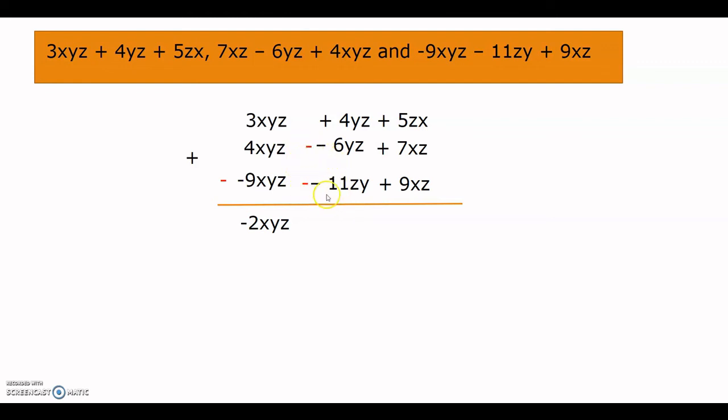Then we will add first the like signs. We have negative 6yz and negative 11yz. So remember, like signs, add and copy the sign. So 6 plus 11 is 17yz, negative 17yz. Then we will add the other term, which is positive 4yz.